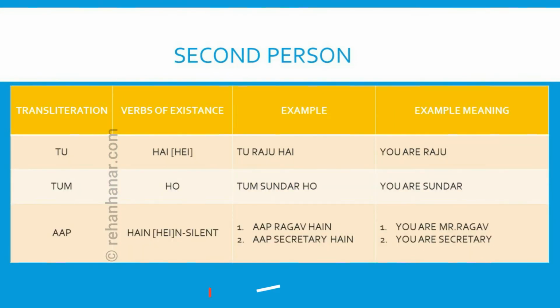तू राजू है. It is है because some people will mispronounce it as hai. Hai is wrong. है. तू राजू है, you are Raju.